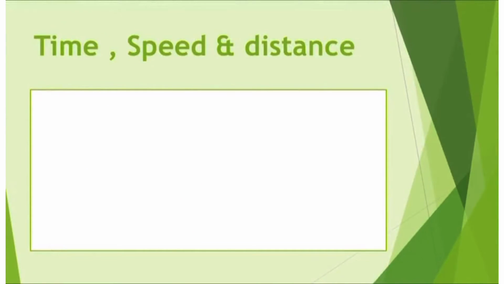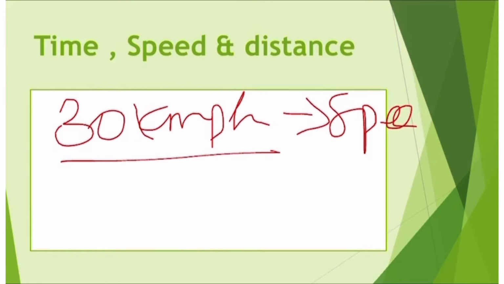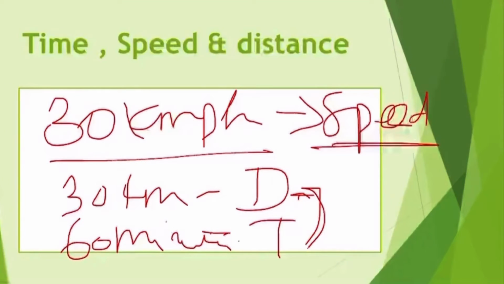Time, speed and distance. Here, if I say I'll be able to cover 30 km per hour, this is the speed at which I can drive. Now this 30 km is the distance that I can cover in what time? In 60 minutes. That is the time taken to cover the distance of 30 kilometers. So the speed is the distance covered per unit time.